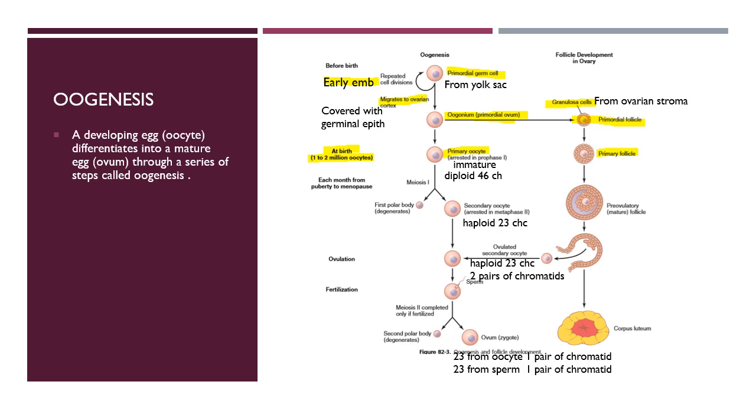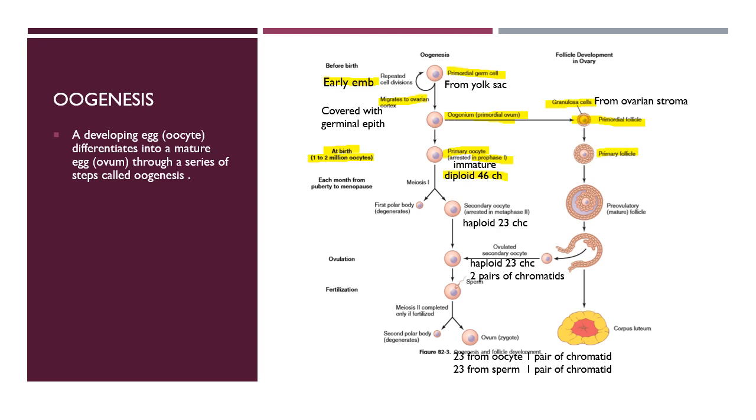A female is born with a fixed number of oocytes, about 1 to 2 million, arrested in the prophase of meiosis 1. The genetic material in these primary oocytes is 46 chromosomes, so they are diploid.